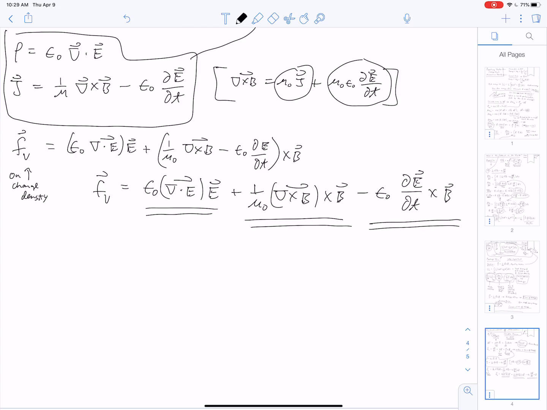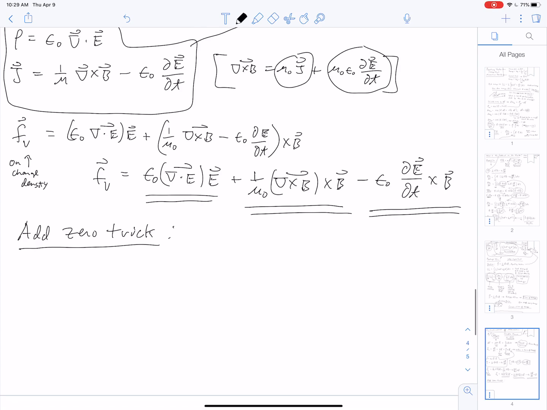The way we're going to do it is a real tricky thing, something that you would never think of doing unless you're a really smart, really brilliant math person. We're going to do the old add zero trick. You know that if I have some equation, something equals something, then I can always add zero to it.